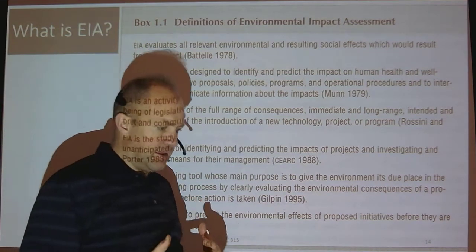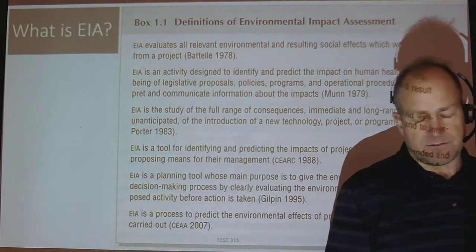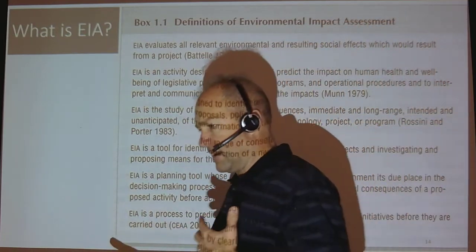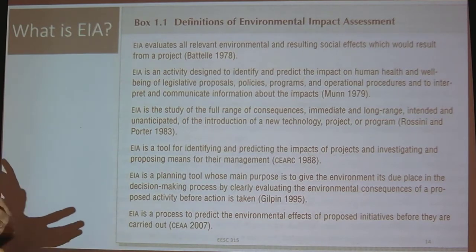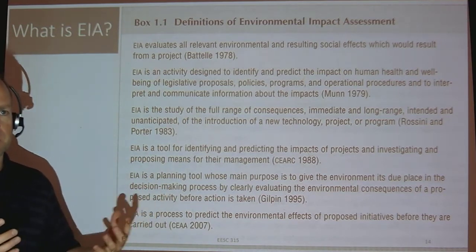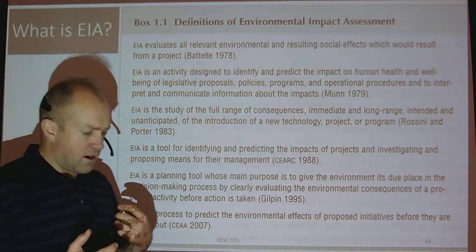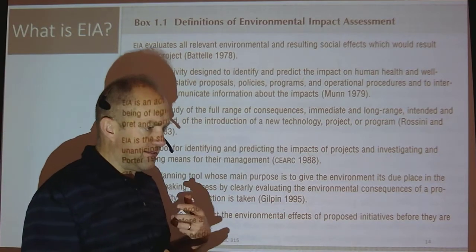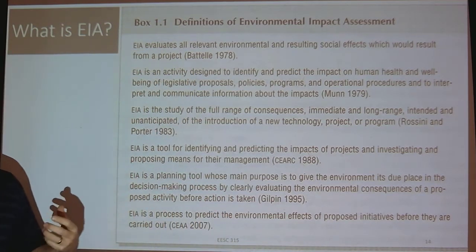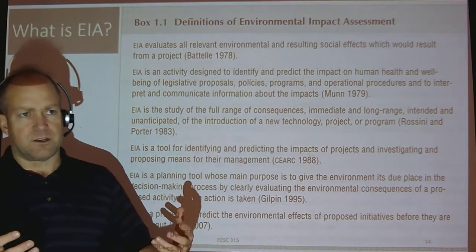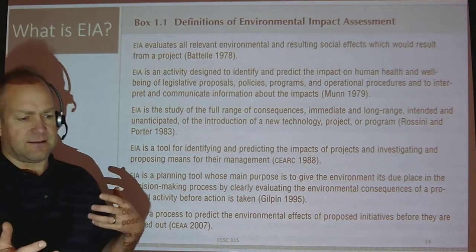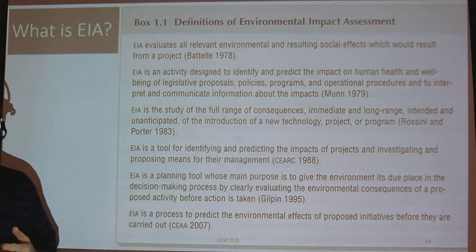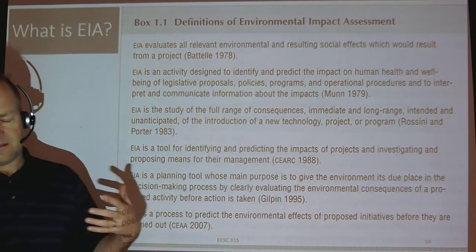And so the key here is that balancing of the environment and the economy, or the social and the economic. It's really about helping that decision maker weigh the public interest. And often you'll hear this put forward as the decision maker needs to weigh the public interest, whether it's the federal government weighing the general Canadian citizens' public interest, or the BC government.